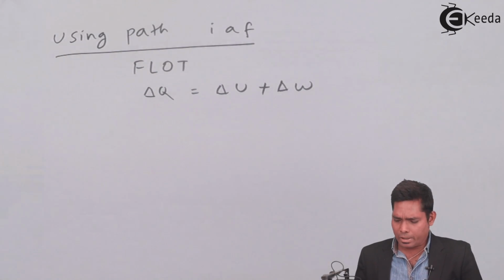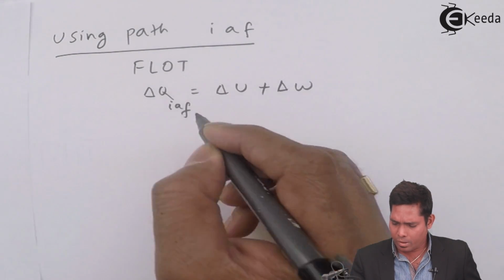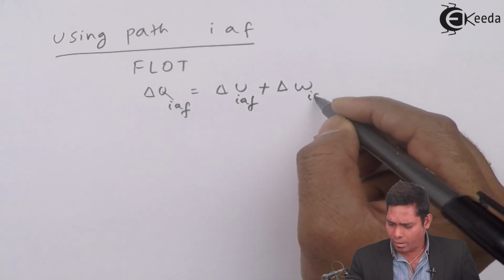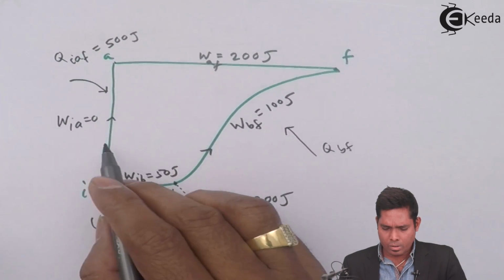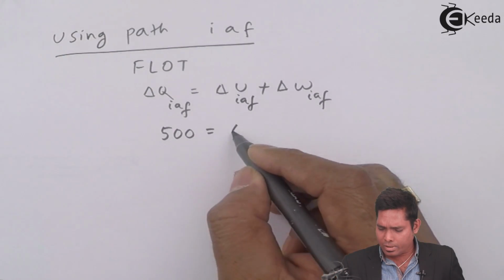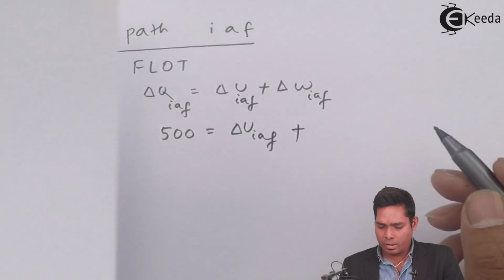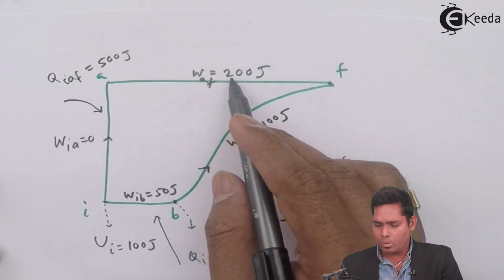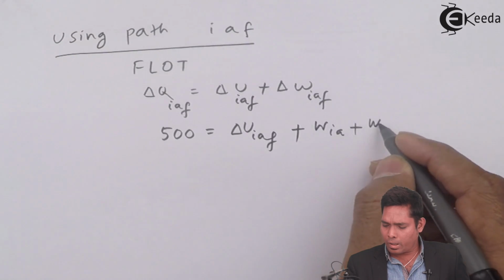The heat supplied during the path IAF is 500 joule, the change in internal energy UIAF is to be found, and W is the work done. The total work done is WIA plus WAF.